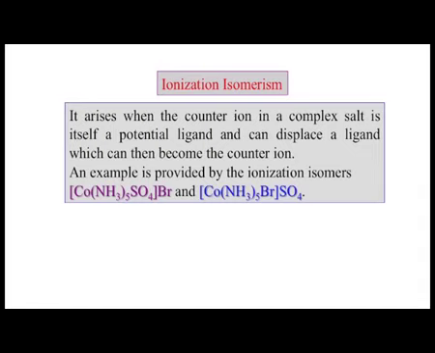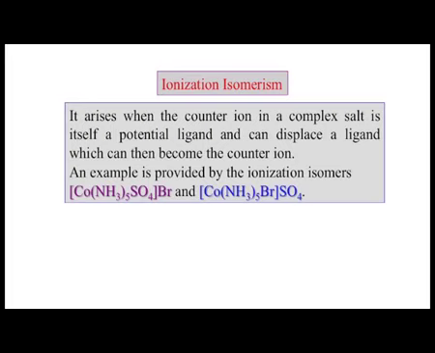Initially, these two can be characterized very nicely because the electrolyte nature is different. One is a 1:1 type of electrolyte and the other is a 1:2 type of electrolyte. So, the capital lambda m values are different, and they will immediately tell us that we have ionization isomerism, because the pattern of ionization for the coordination compound is different, producing bromide in solution or sulphate in solution. That can also be identified analytically.